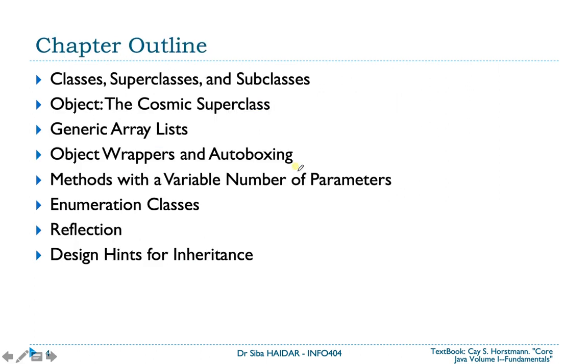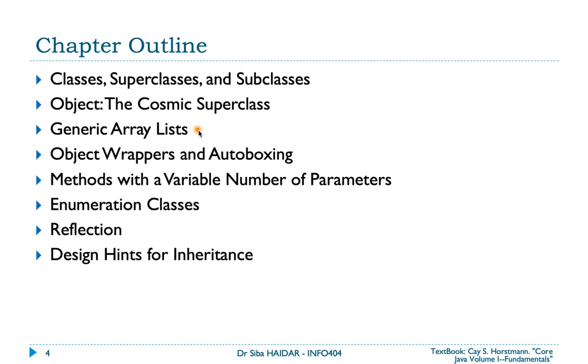So the chapter outline is divided as follows. We will start by explaining what classes, superclasses, and subclasses are. Then we will talk in detail about the cosmic superclass Object, how to override its methods, and what contracts you must sign in order to override the methods of Object.